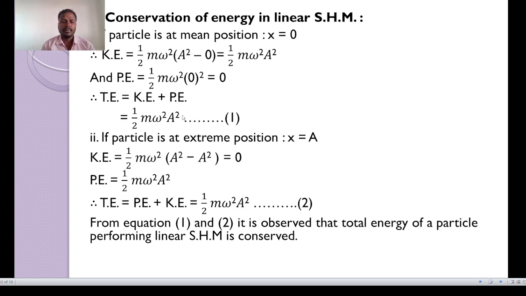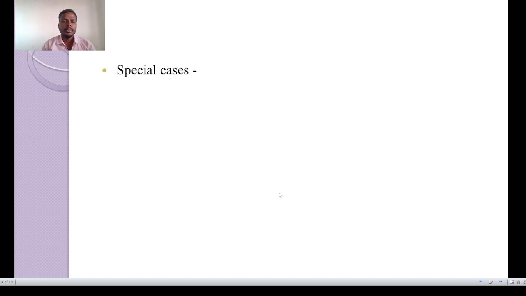From equation number first and equation number second, it is concluded that the total energy of the particle performing SHM is conserved or constant. There are some special cases. When the distance x is equal to plus or minus a divided by root 2, kinetic energy is equal to potential energy.